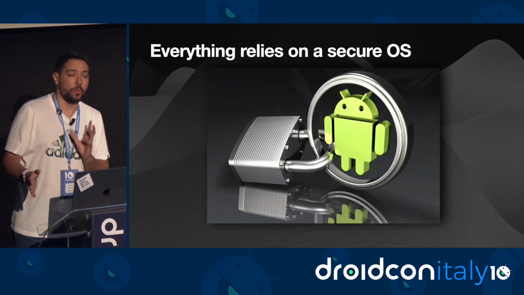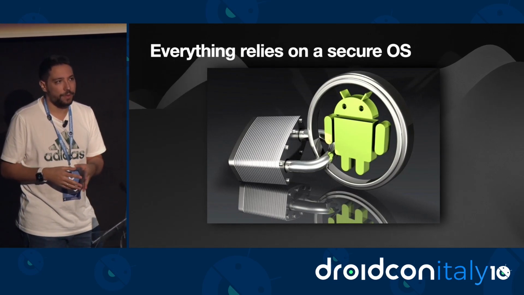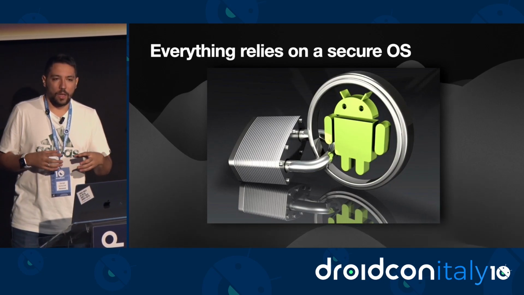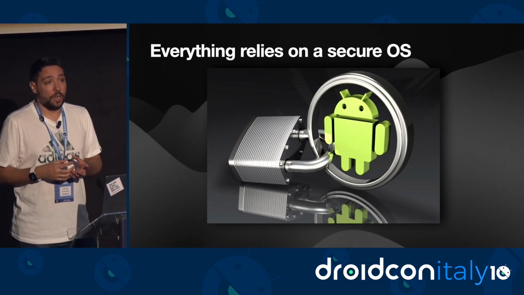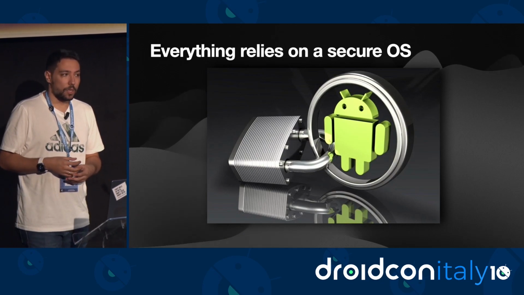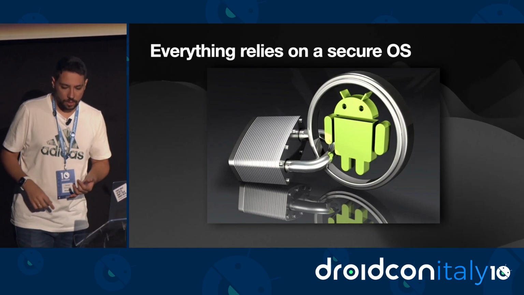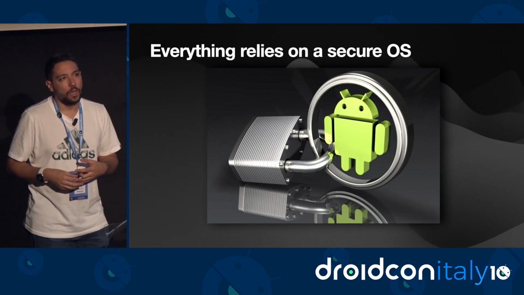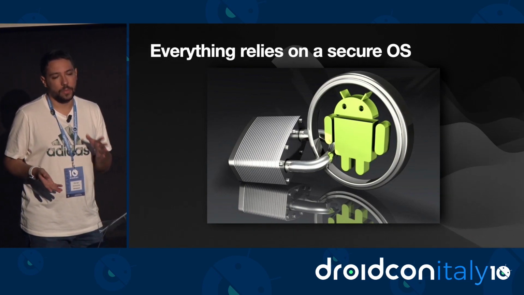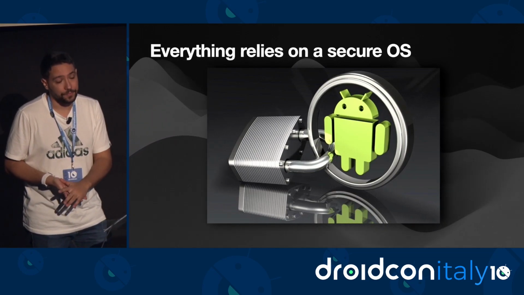Okay, so those were the use cases I wanted to discuss, and before I close, I want to discuss again that everything I've said so far relies on a secure operating system. As we all know, the Android operating system can be rooted, and once it gets rooted, developers and hackers can get their hands on as low a level as they want and as they can.